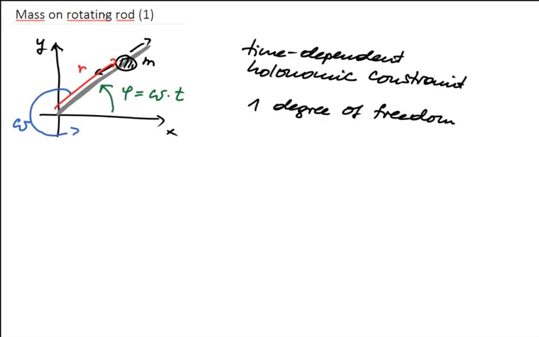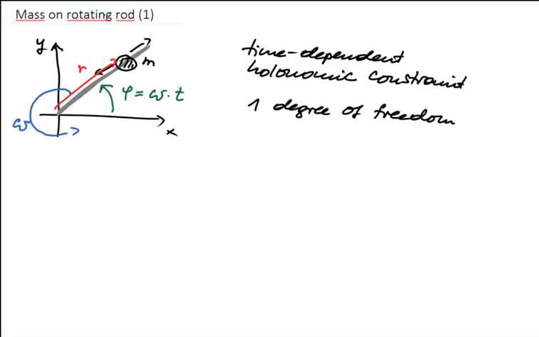So we talked about the fact that there's just 1 degree of freedom in this problem, and the difference to the inclined plane, however, is that the constraint, which is holonomic, the body is constrained to move on this rod, which is rotating, but this constraint is time dependent, because the rod itself is moving.